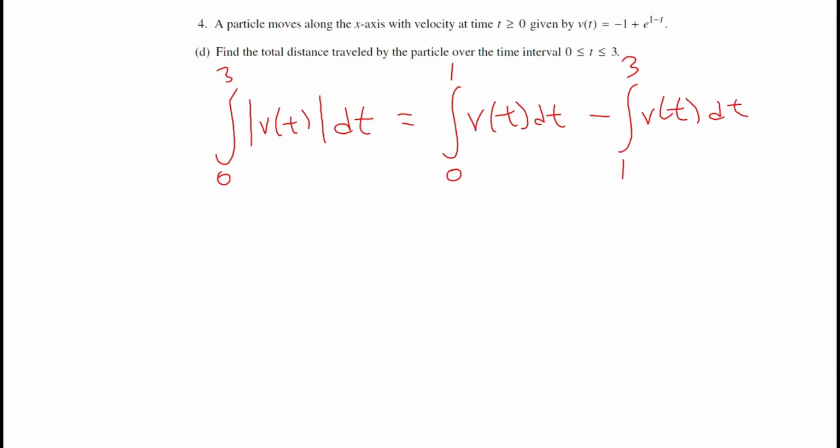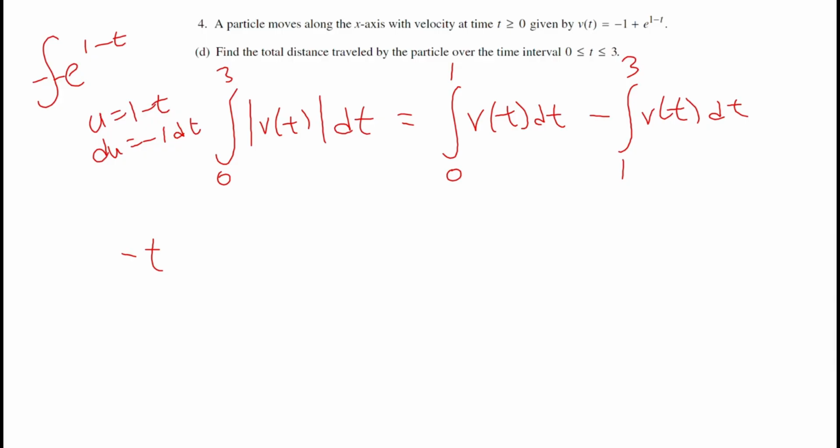And so we'll just integrate v(t) here. Integrating v(t), negative 1's integral is just negative t. And the integral of e^(1-t), that's like e^u, where u is 1 - t. So du is negative 1 dt, so we need to put a negative on here.